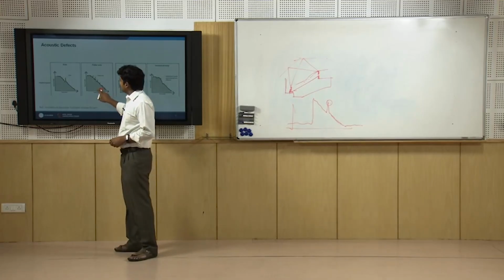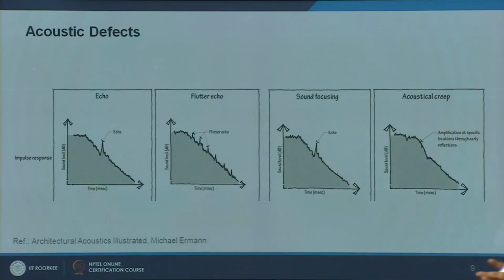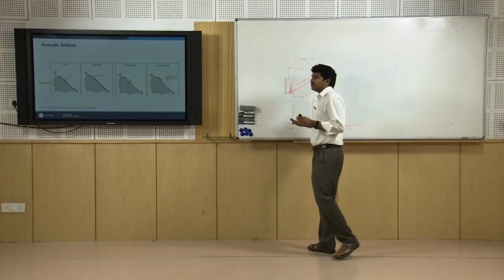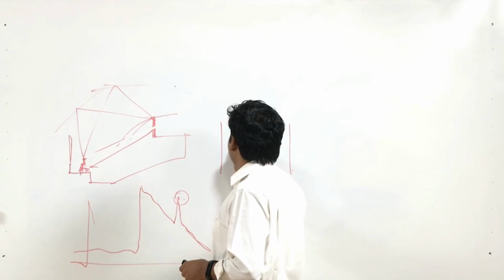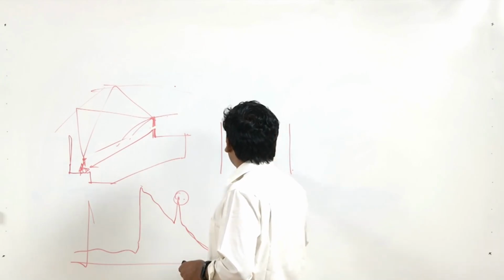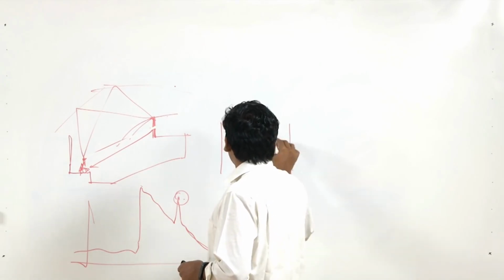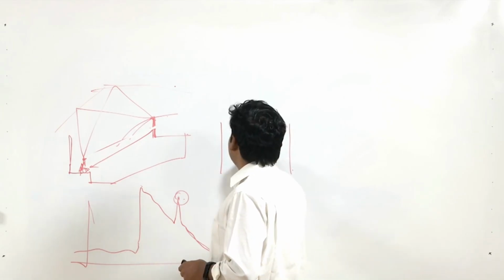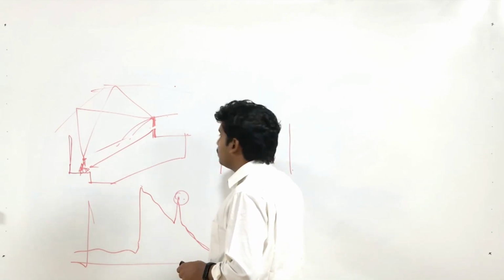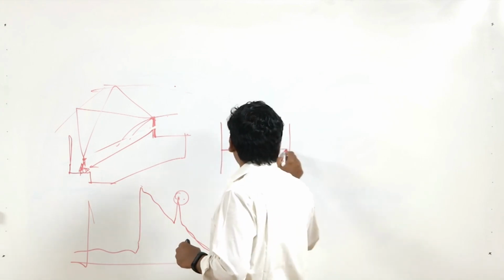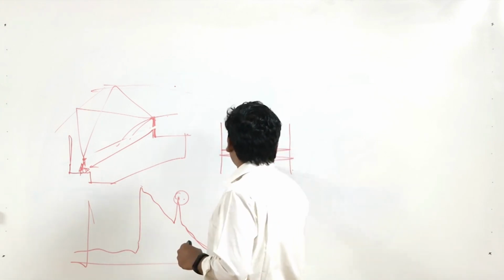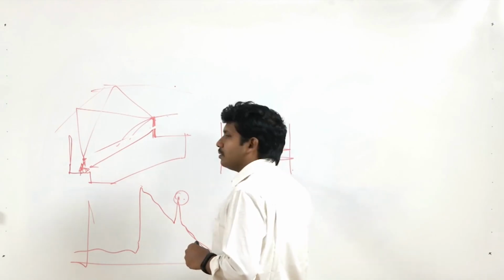Another phenomenon is flutter echo, which typically occurs in conference rooms. Many boardrooms and conference rooms have this problem. You have two parallel surfaces, say a conference room table with people seated all around. If an impulsive sound is produced, say you clap, it gets reflected and re-reflected, and will not easily decay.